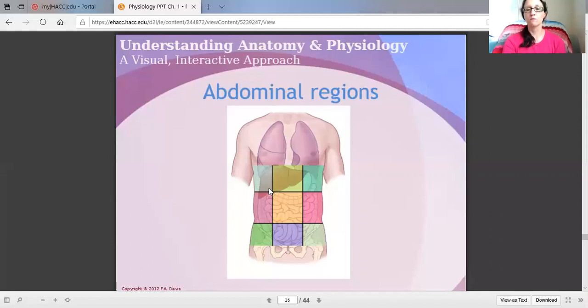Now, if we move up one on either side, here we are. This is a little different. So this is actually the right hypochondriac region. Now, hypo means below, right? Who remembers what chondro means?